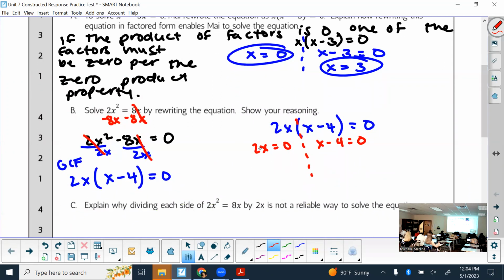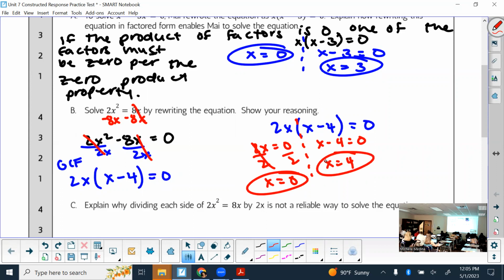So opposite of multiplying by 2 is good. X equals what, 0 divided by 2? Good, so x could be 0, and that would make this part 0, which would multiply to equal 0. And then over here, what minus 4 gives me 0? So these are my 2 zeros.